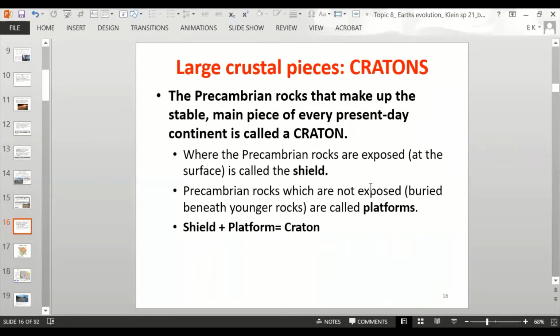So we call those stable pieces from the Precambrian cratons. Where these pieces of rock are exposed at the surface, we call it a shield. But where it's buried beneath younger rocks, it's called a platform. And then the shield and the platform is the craton.